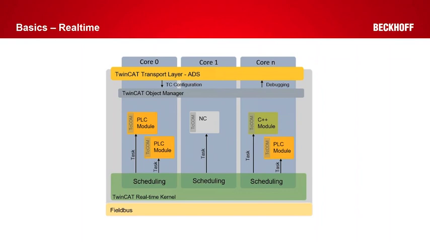Then on each core separately, the scheduling for all the tasks occurs. Depending on the cycle time which you have adjusted and on the priority, the scheduler decides which task is allowed to run. All the TwinCAT modules are assigned to such a task, and so these modules will be called by this task. This is how it basically works.